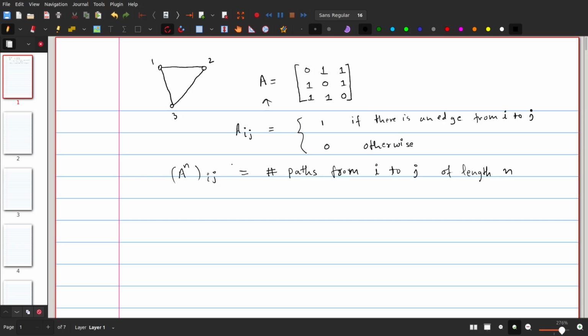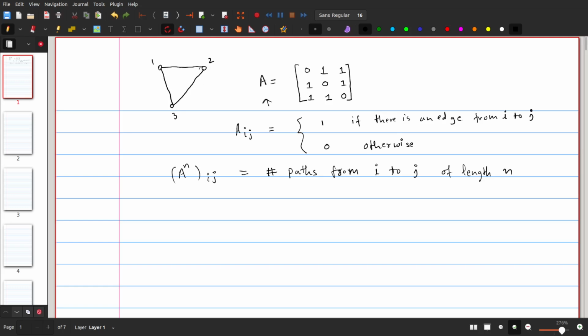For example, this first power itself gives the number of paths in the given graph. So if we consider the first power of A, there is no path of length 1 from vertex 1 to itself, so this element is 0.